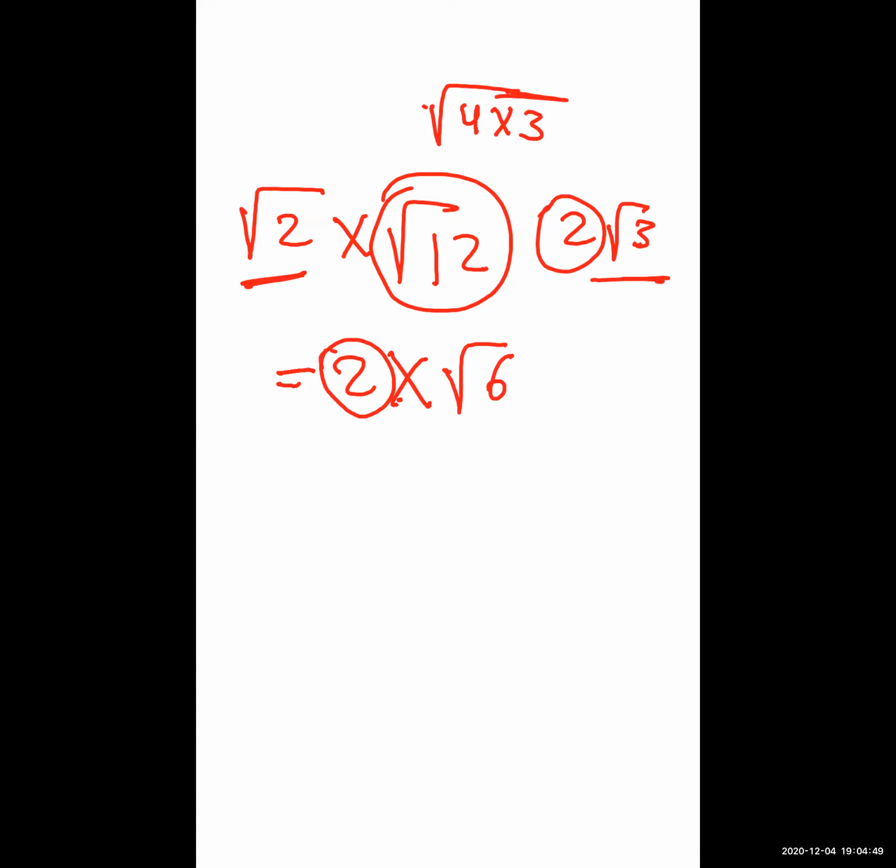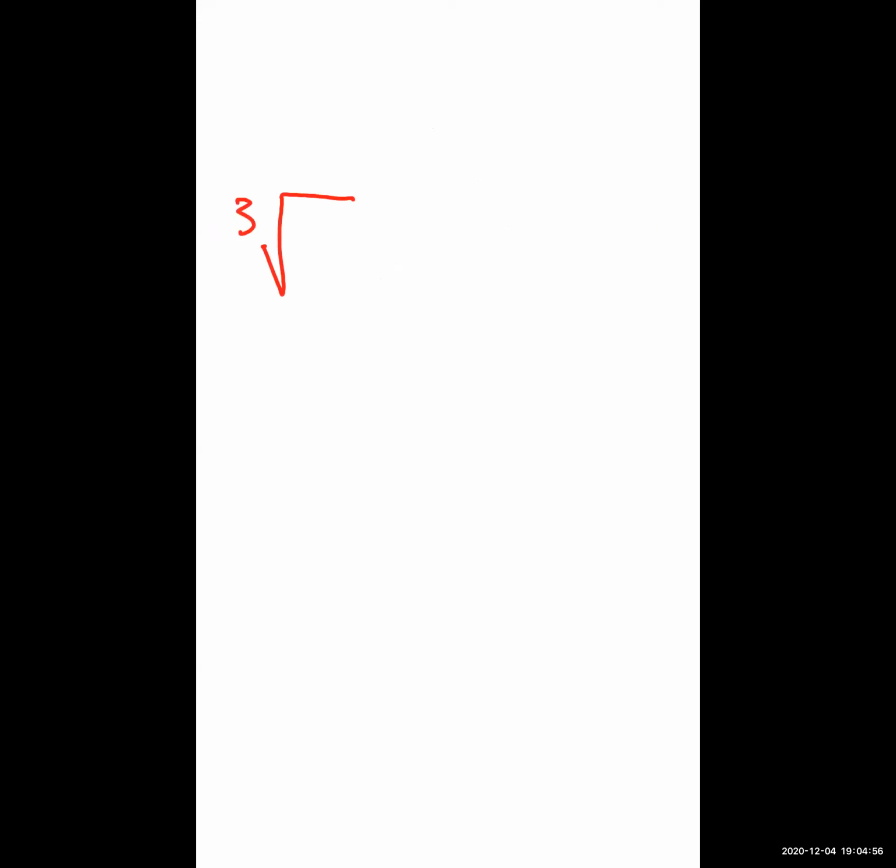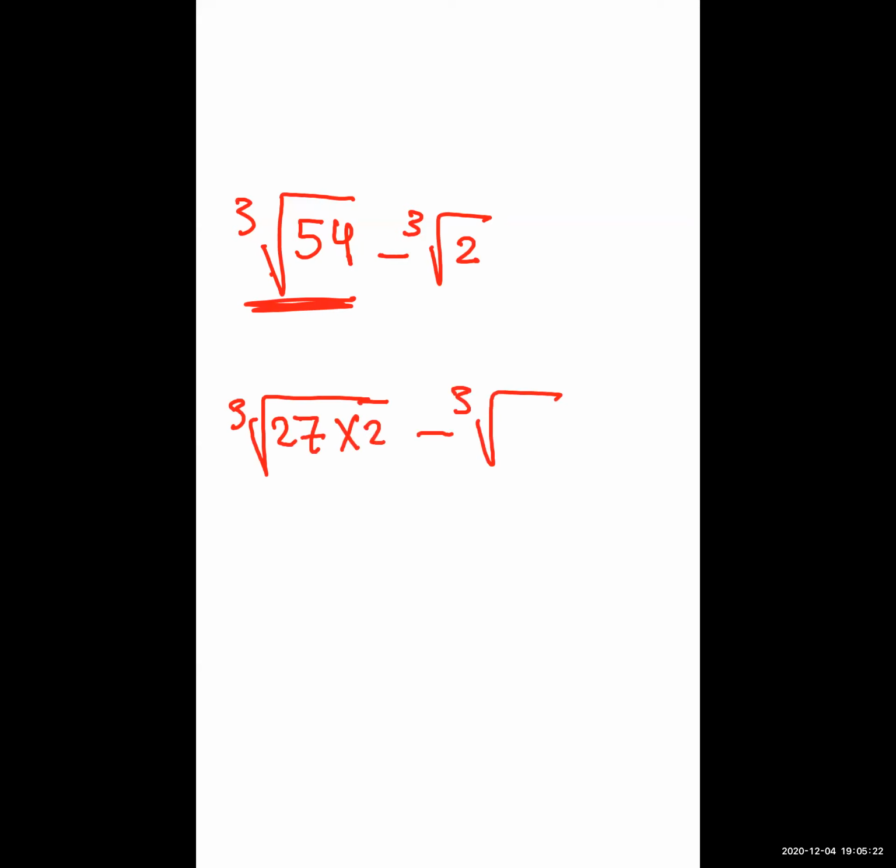Okay, very good. Then the next question: cubic root of 54 minus cubic root of 2, in the simplest form. So now, guys, cubic root of 54 means cubic root of 27 times 2, minus cubic root of 2, right?